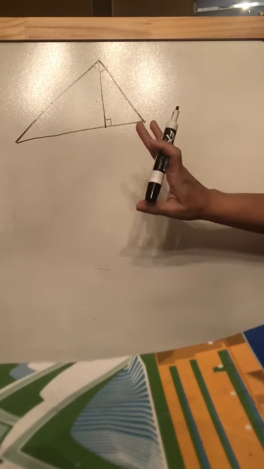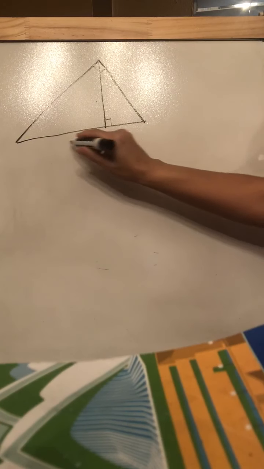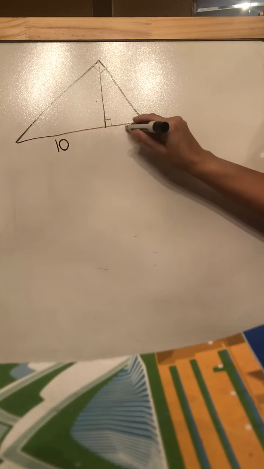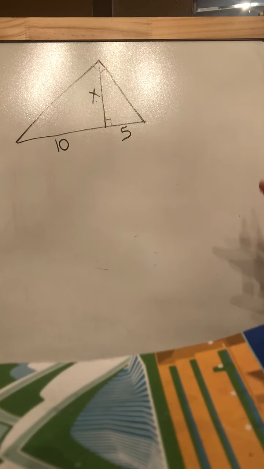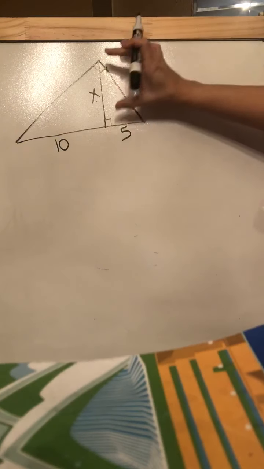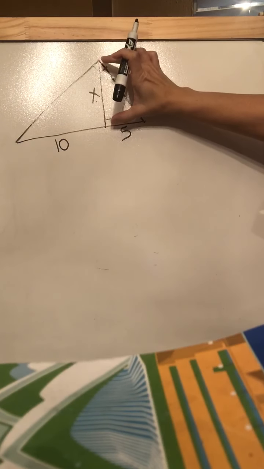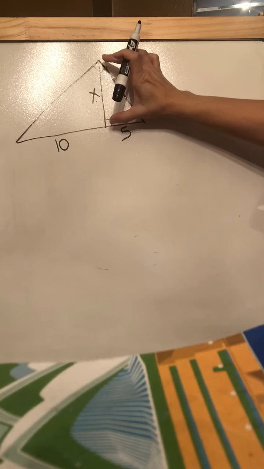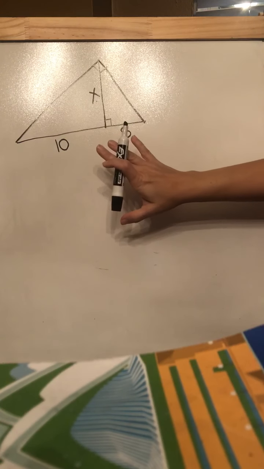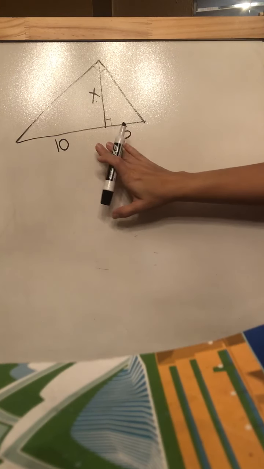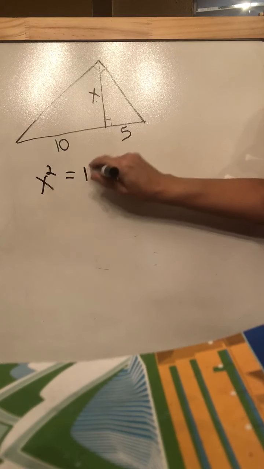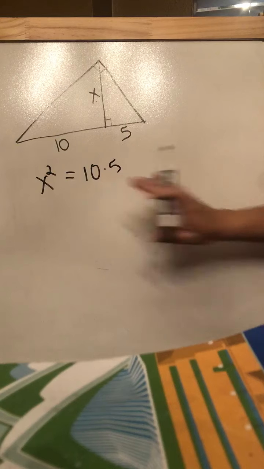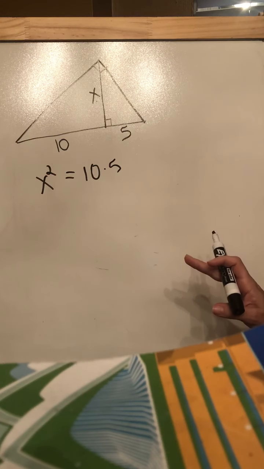So let's take our 5 and 10 example again. Let's say this is 10, and this part is 5, and here's our x. So what geometric mean for altitude is going to tell you is that this altitude here, this height of your triangle, is going to equal the geometric mean of both segments of your hypotenuse together. So you're going to have x squared is 10 times 5, and we already solved that in the other one. We know it's 5 times the square root of 2.